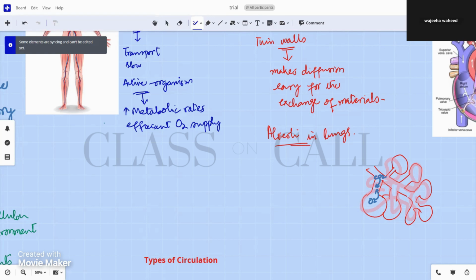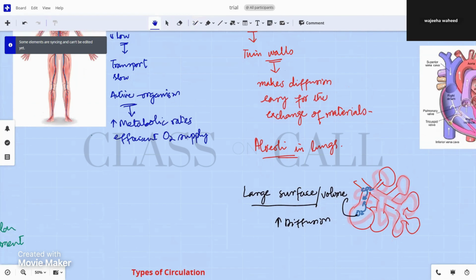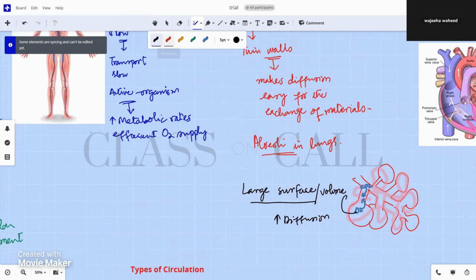In the circulatory system, another feature is a large surface area to volume ratio, right? Due to the large surface area to volume ratio, there will be an efficient supply of oxygen and a greater rate of diffusion at these sites, right? Then the third feature of the circulatory system is high blood flow.